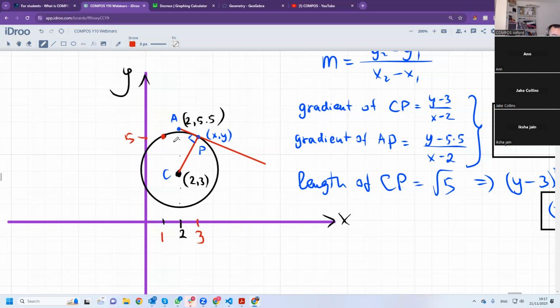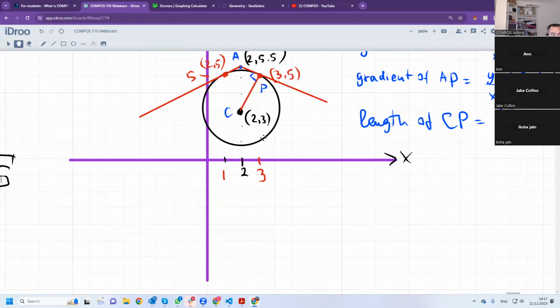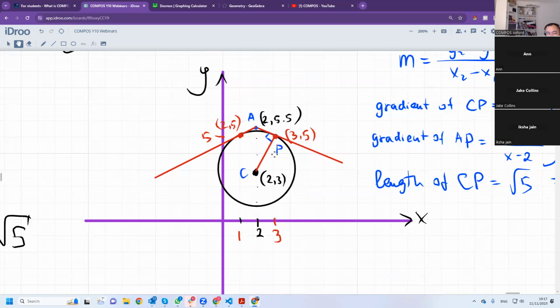And once we have the points, so this is 3, 5, and this is 1, 5. So we found the points, and now we need to draw the lines. And how to do a line through 2 points, you already know.